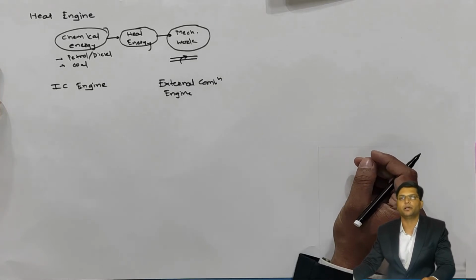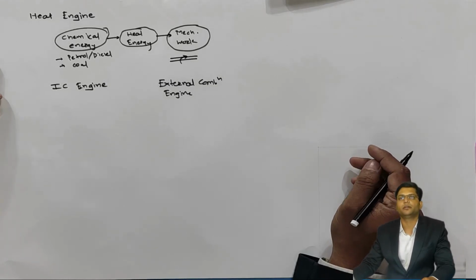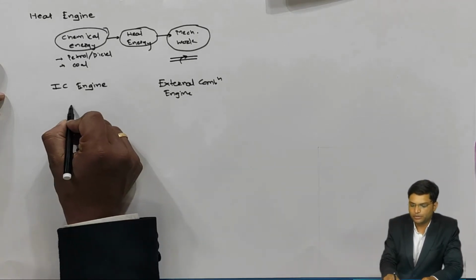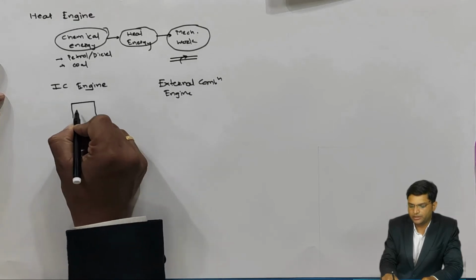There is a combustion chamber which uses fuel and it is ignited by some external agency like a spark plug. Then due to the combustion products, the piston moves to the downward side and it is converted into mechanical work. So this is the arrangement for an internal combustion engine.